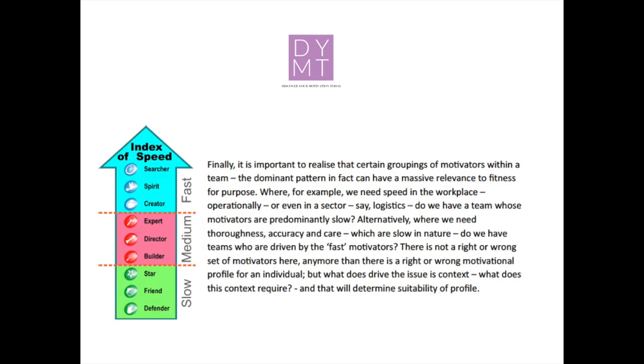One of the things that's different is that we have this little diagram here, which explains how fast or slow the team can be. Fast or slow to adapt to change, for example, and this just explains that the growth motivators, searcher, spirit, and creator, tend to be faster, and then the star, friend, and defender, which are the relationship ones, tend to be slower.